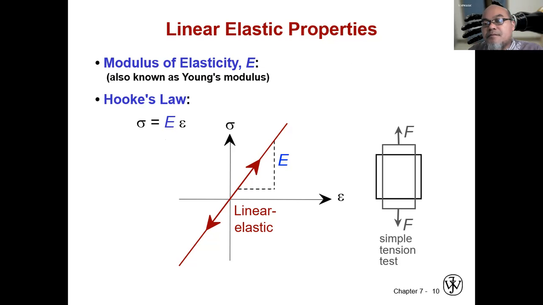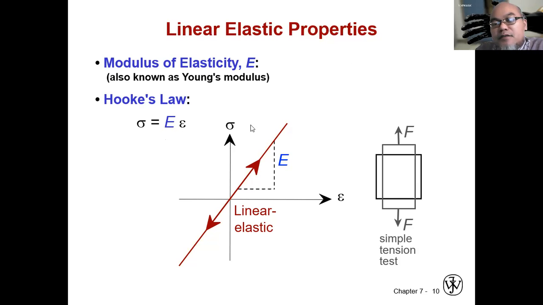Then we express it as the dimensionless parameter strain, by dividing the elongation, or the delta extension, by the original length L0.